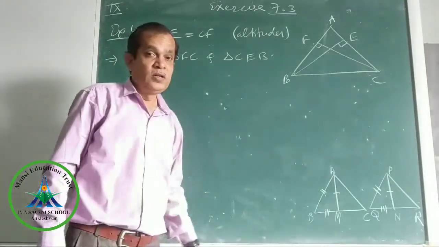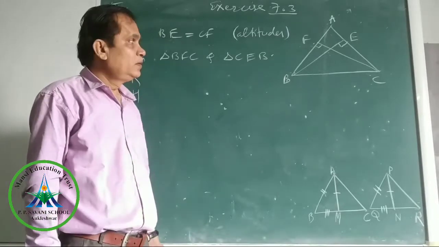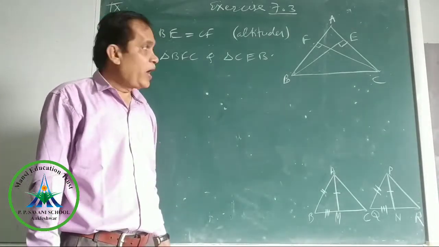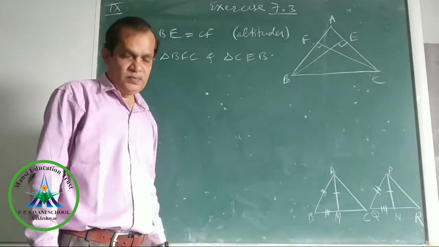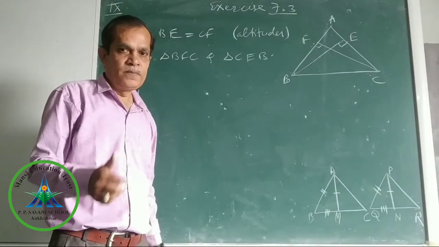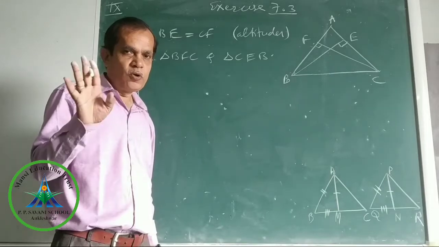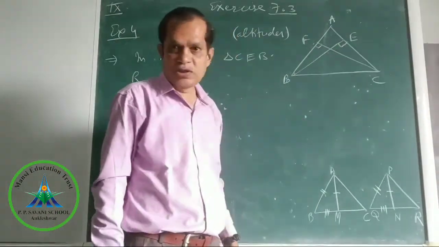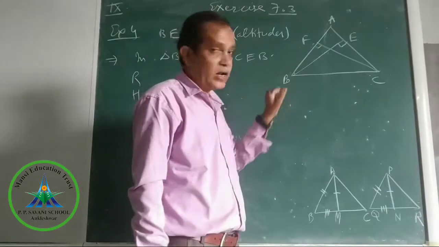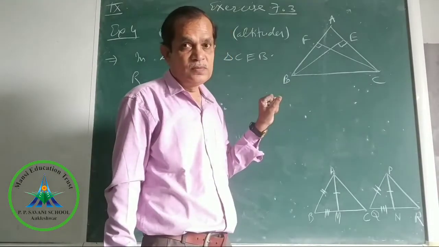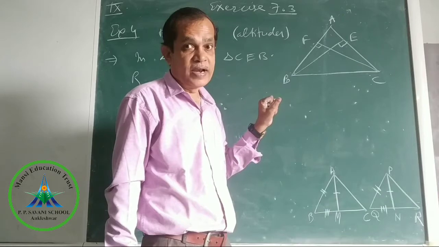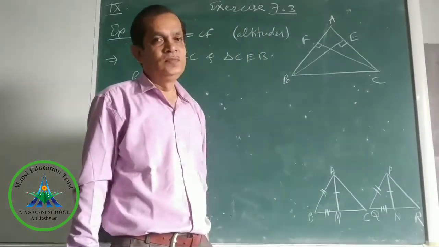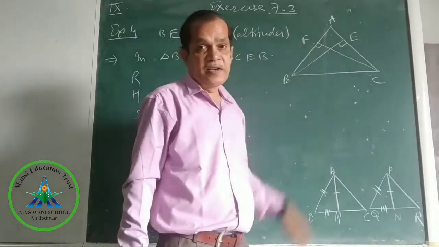Look. Which sides are equal? BE and CF, given. Both are sides. And which side is hypotenuse? Yes, think yourself. Ready? Some students spoke. CF and BE are sides given in both triangles. Which side is hypotenuse? I hope you read. Yes, very good. BC is hypotenuse for both. And this angle is 90 degree.